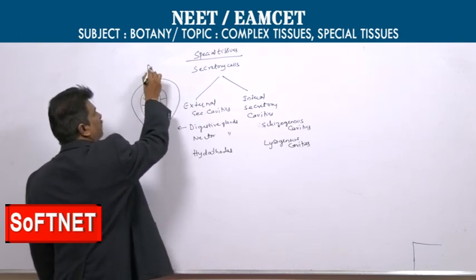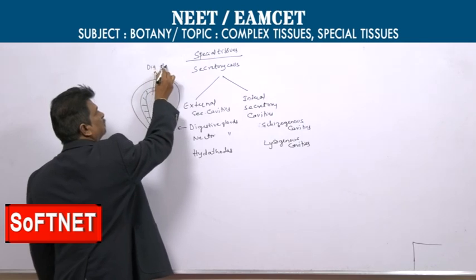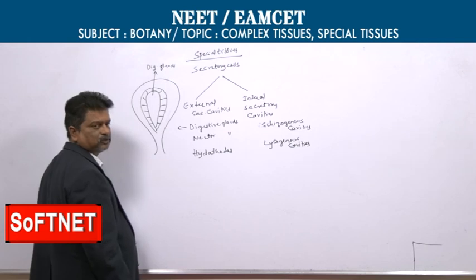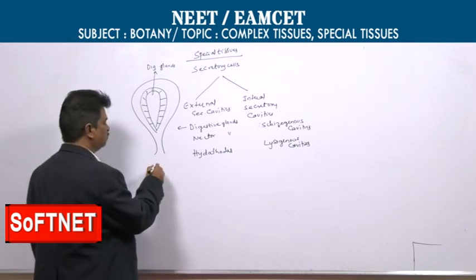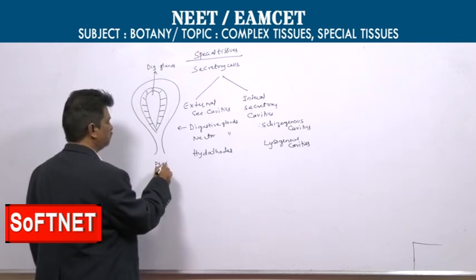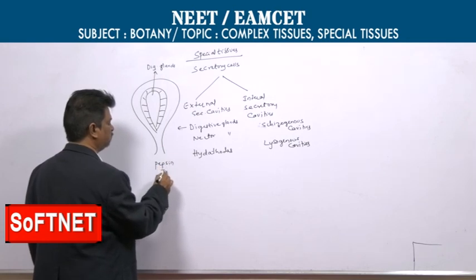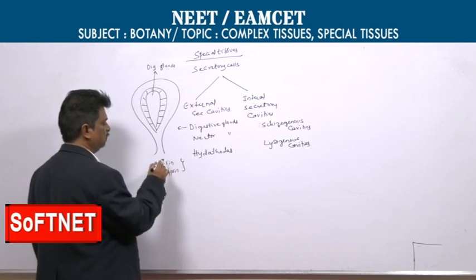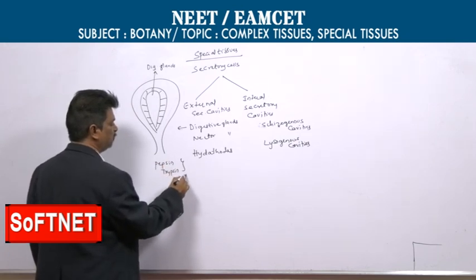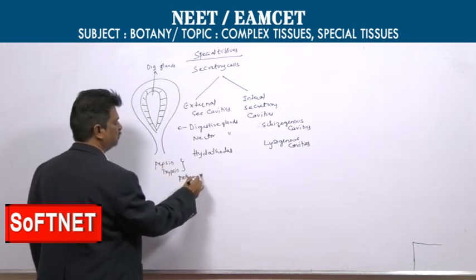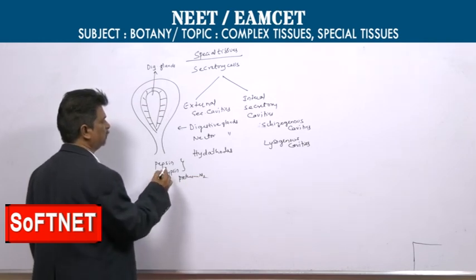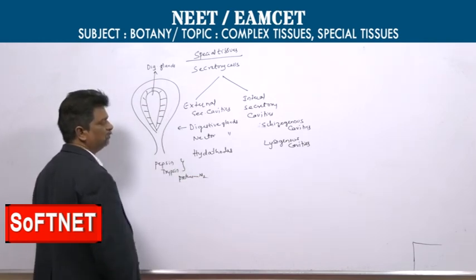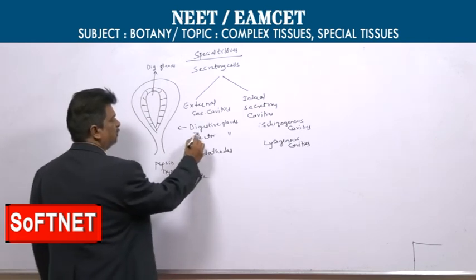These digestive glands secrete proteolytic enzymes, meaning protein digestive enzymes like pepsin and trypsin. Then they digest proteins into nitrogen. Then plants absorb that nitrogen. These are digestive glands.